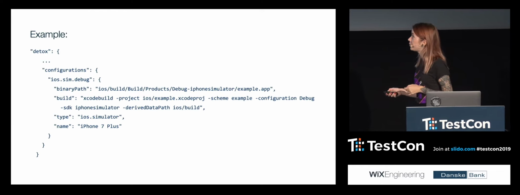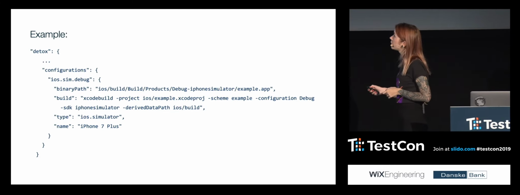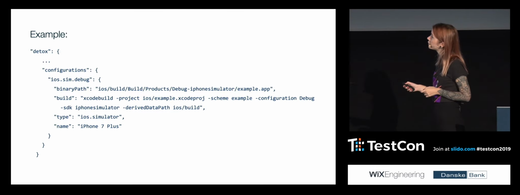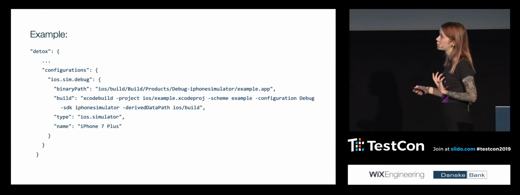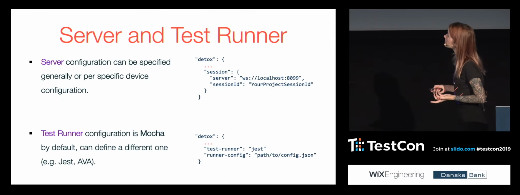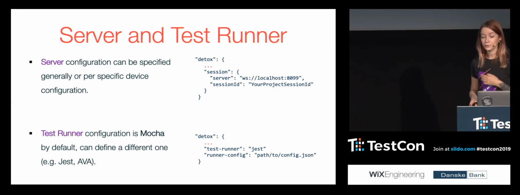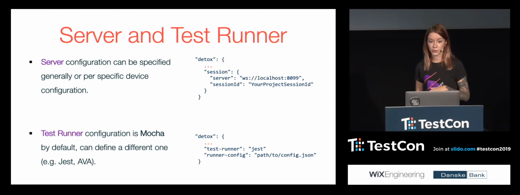So this is an example of how this would look. We have a configuration of a specific name, then we define binary path, build command, type, and name, which is iPhone 7 Plus. So this specific device would be selected in that case. You can also define server and test runner configurations.